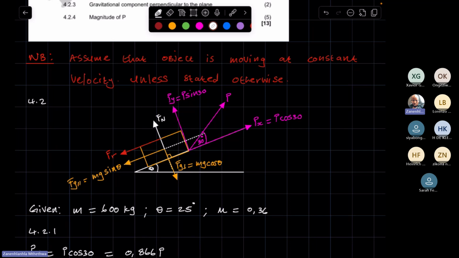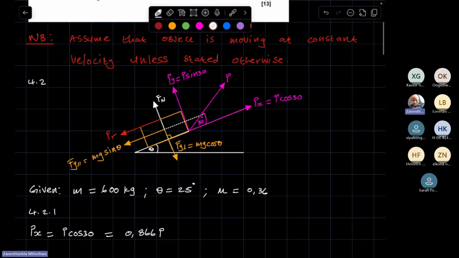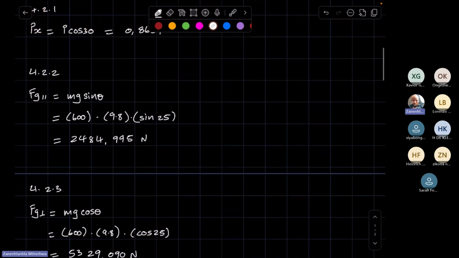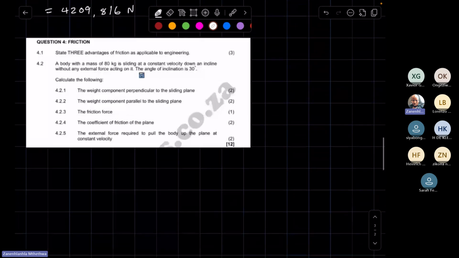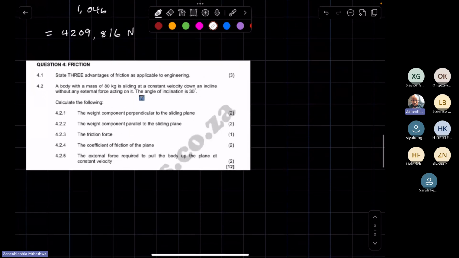You base all your calculations on how you've drawn your forces on your free body diagram.